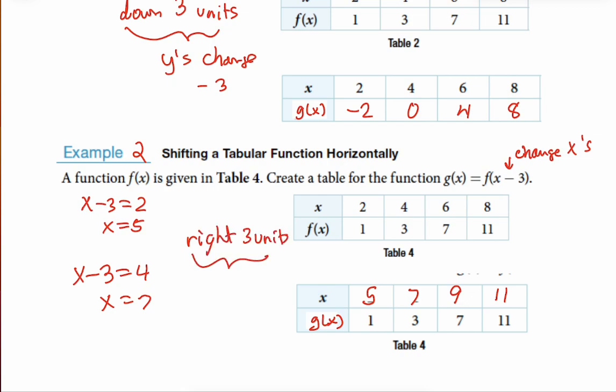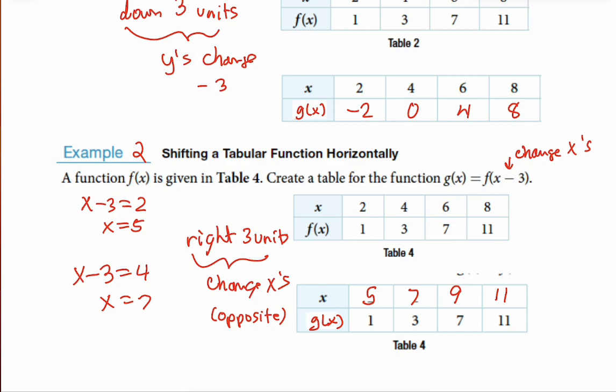So on the inside, we change our x's, and you always end up doing the opposite of what you see. And that's just the nature of the fact that it's on the inside of the function. And I always think, where does that inside equal 0? That's a good way to tell me how it changes.